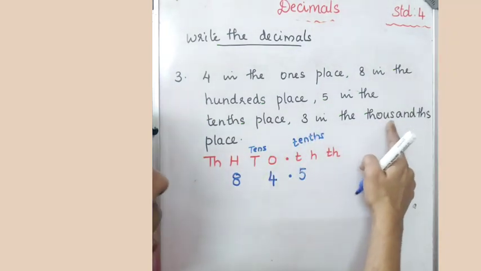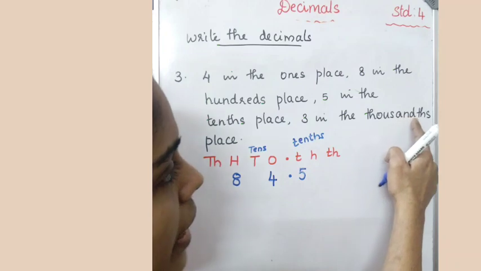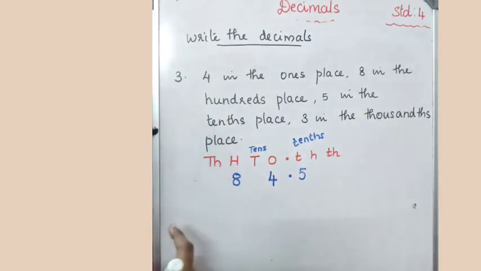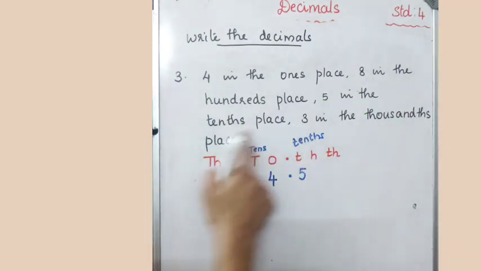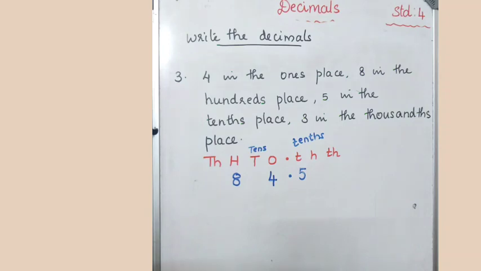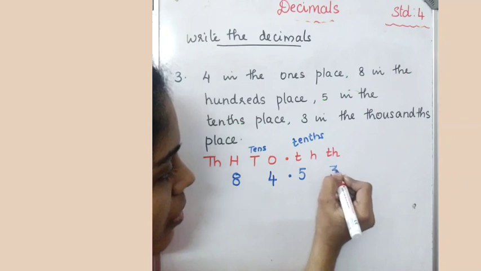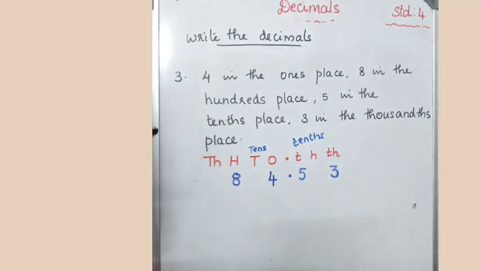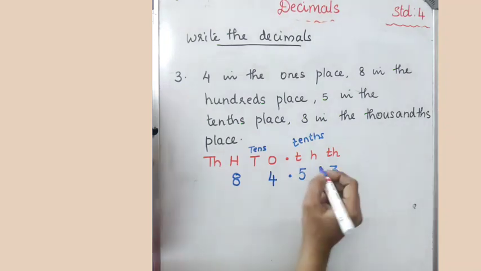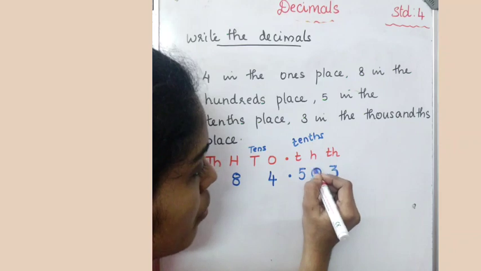Look here, thousandths. So where do these 3 come? Yes, here. So what will be the number in the hundredths place? No number is given here, so yes, we can put 0 here.